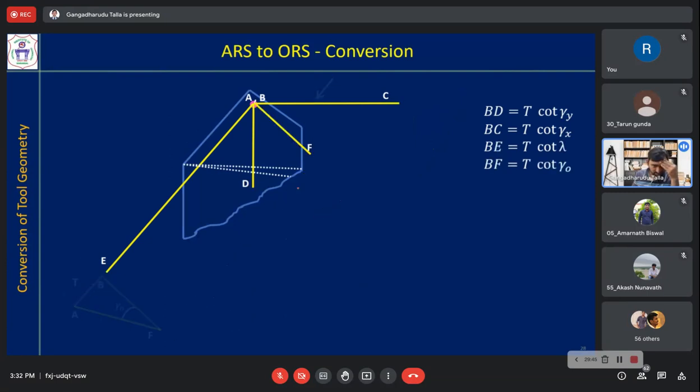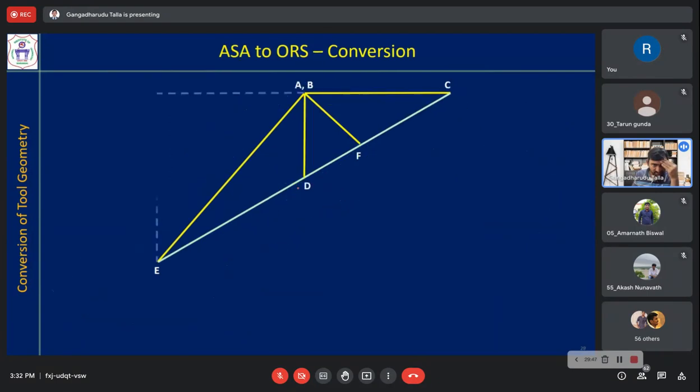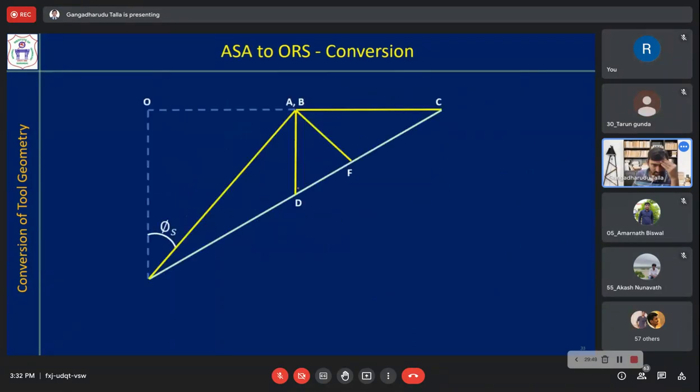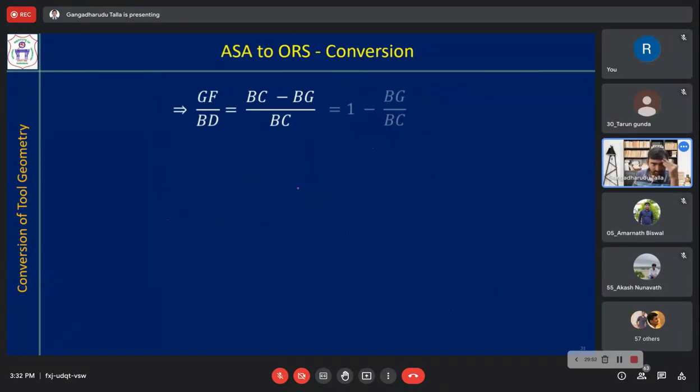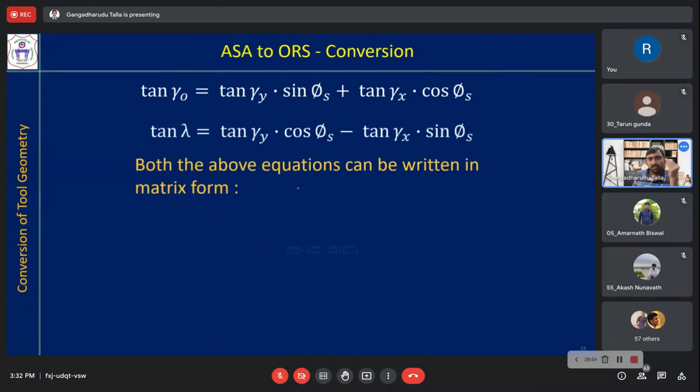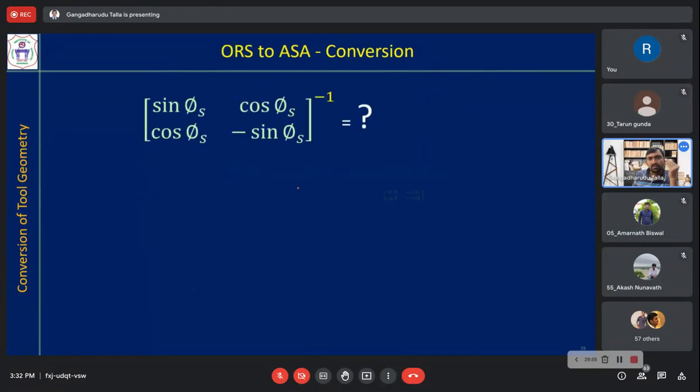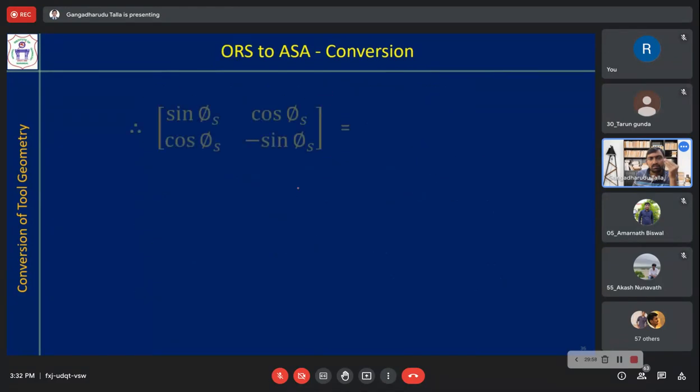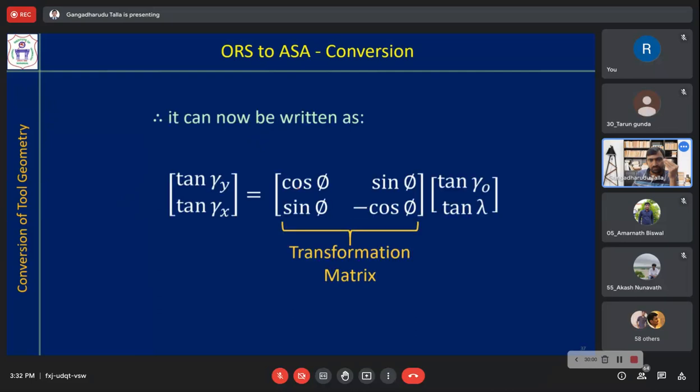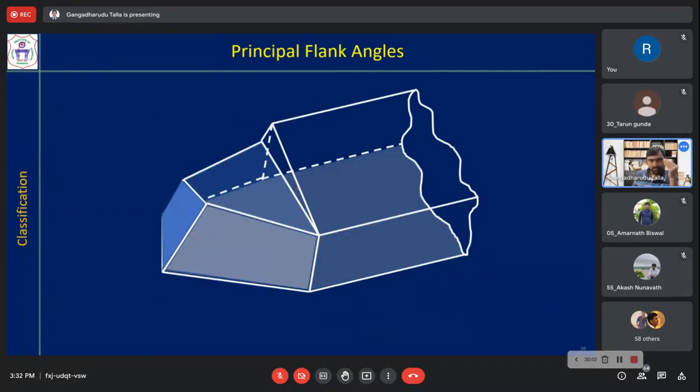Just for better understanding, I'll show it graphically once. There are so many animations, it is difficult. Consider this. Now we are talking about these triangles.